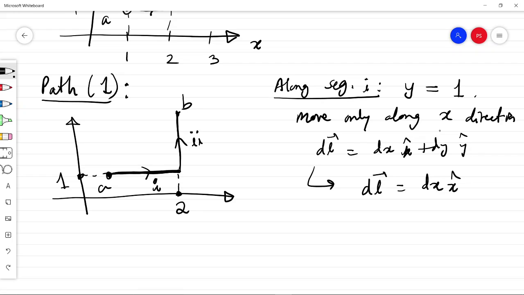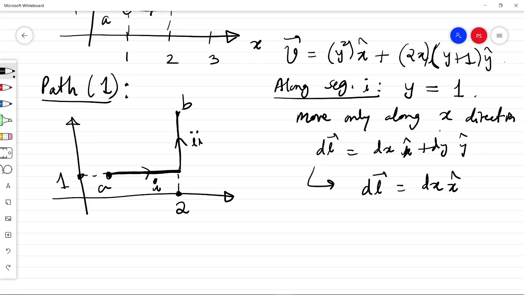We should just recall that v bar is given as y square x cap plus 2x times y plus 1 y cap. Now for this particular segment, we see that dl bar is just dx x cap. So v bar dot dl bar would be, so this is just 0 times y cap.